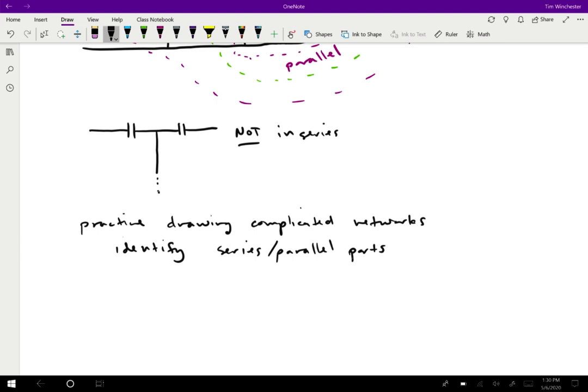Most networks can be broken down into a combination of series and parallel parts. And then I also think it's a good idea to try to come up with some that cannot. So try to come up with networks that cannot be broken down that way.